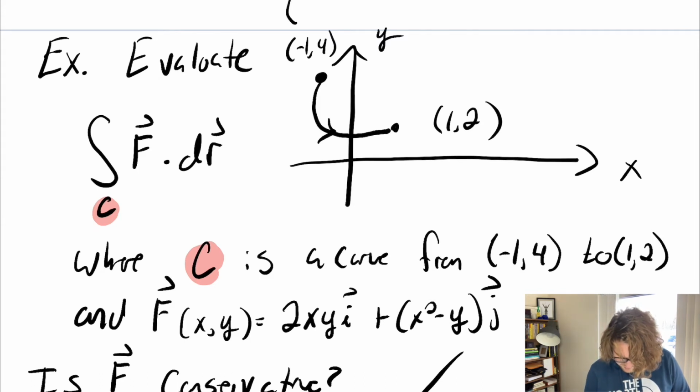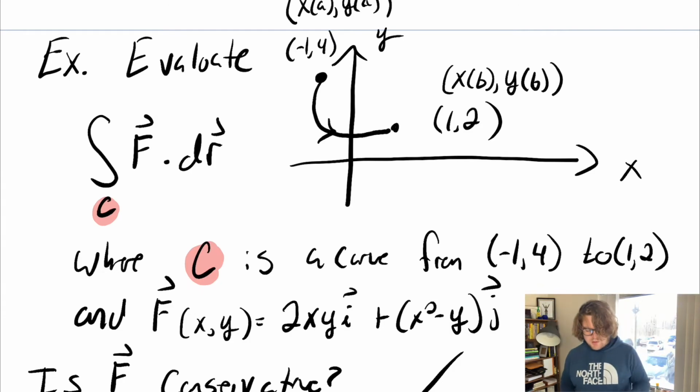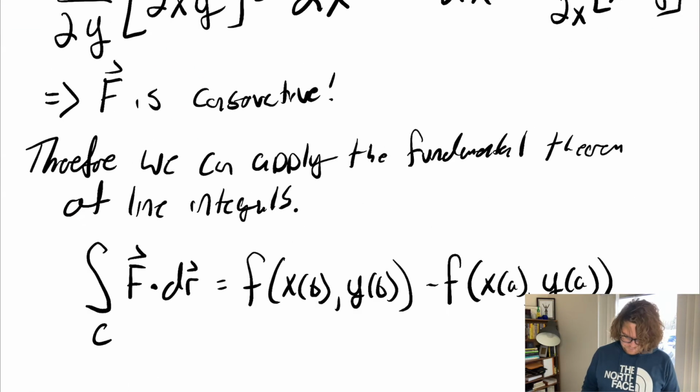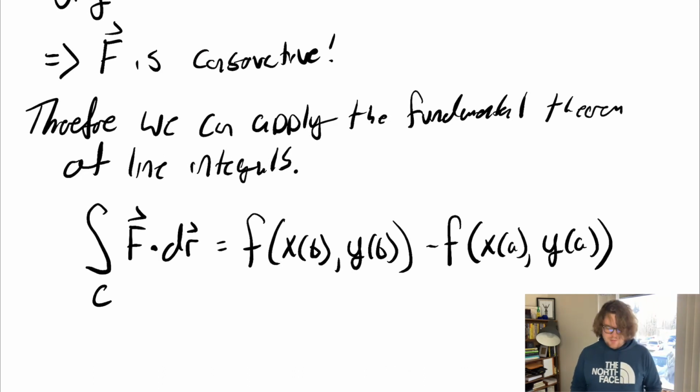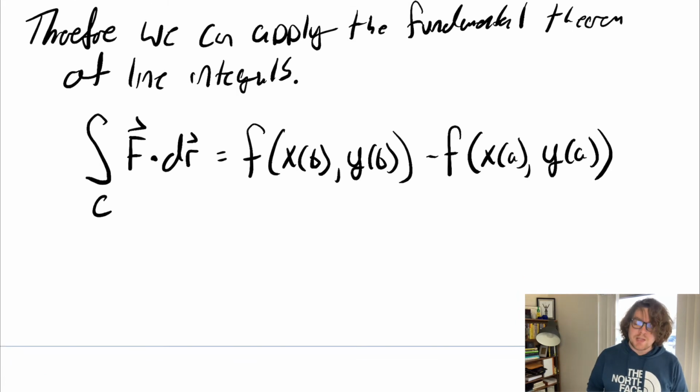So we can consider -1, 4 to be some x of a, y of a, and we can consider the point 1, 2 to be some point x of b, y of b. So we've got x of a, y of a, x of b, y of b figured out. The last thing we need to do is find this lowercase f function. So that means we need to find our potential function.